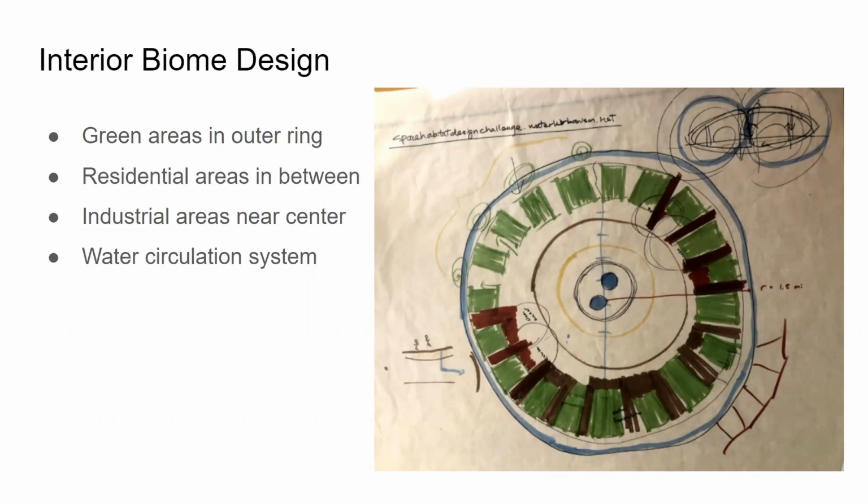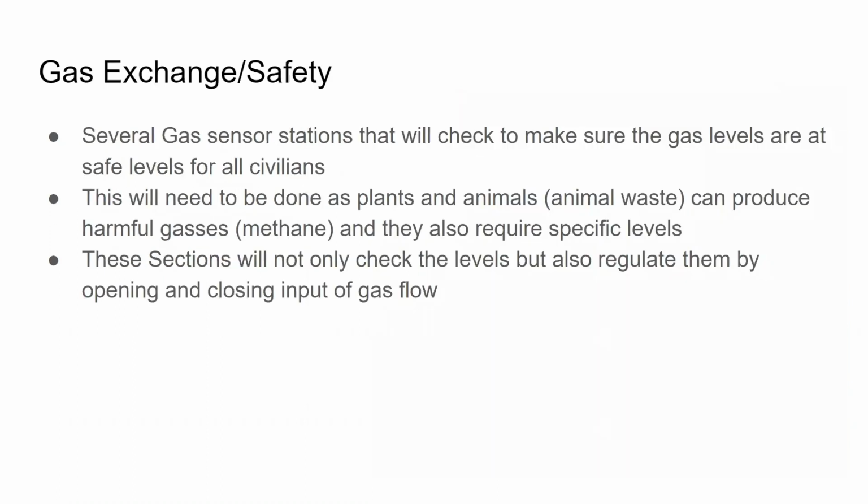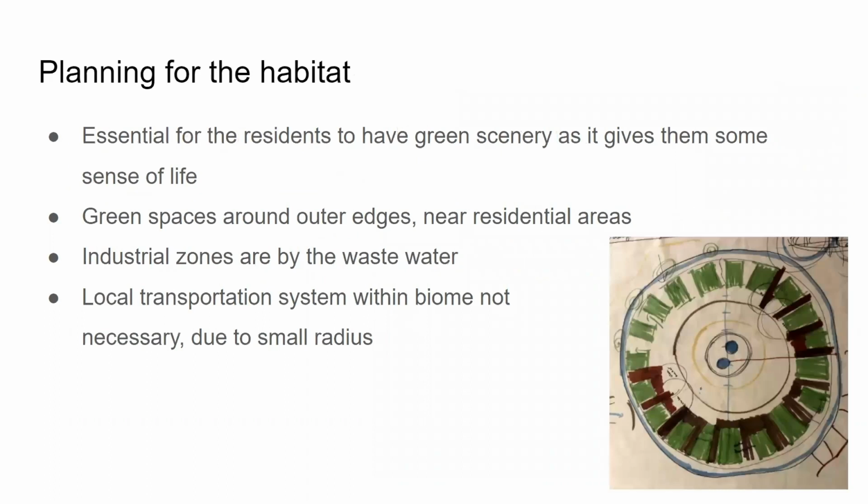So if there's too high methane, maybe from the waste, we would open up one of these areas that has the material that reacts to methane, and it could do some type of gas regulation so people wouldn't be breathing in methane or other harmful chemicals. Okay. Well, that's that.